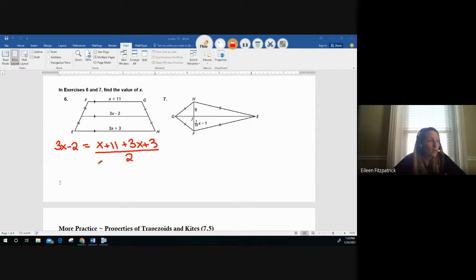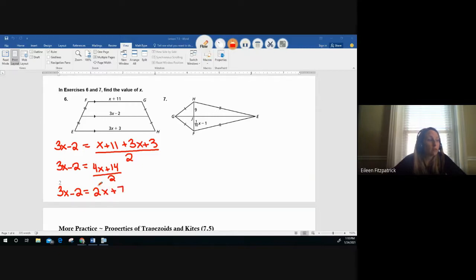So you can combine like terms in the numerator to start. 3x minus 2 is equal to 4x plus 14 divided by 2. Now you can multiply both sides by 2, or is 4 divisible by 2 and is 14 divisible by 2? So you can just simplify and make it 3x minus 2 equals 2x plus 7.